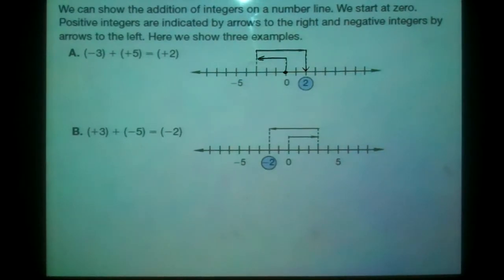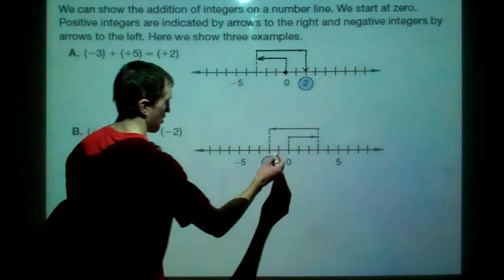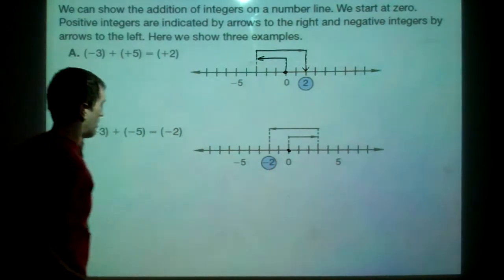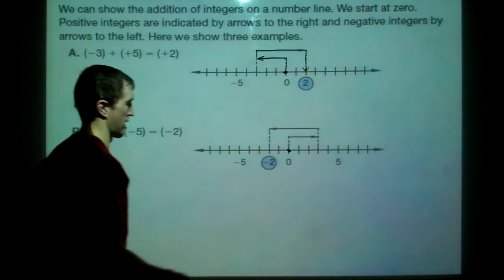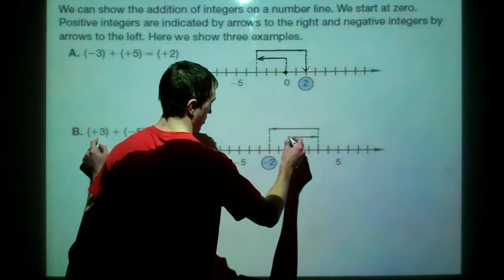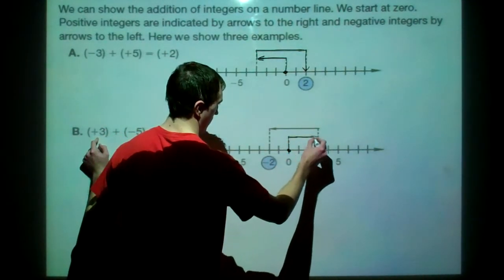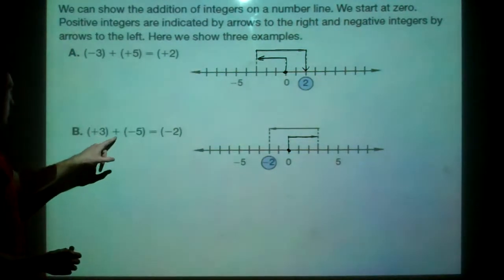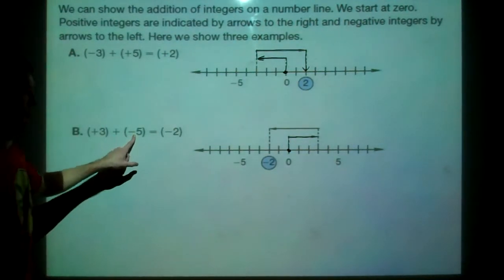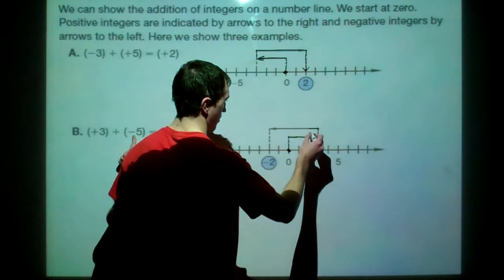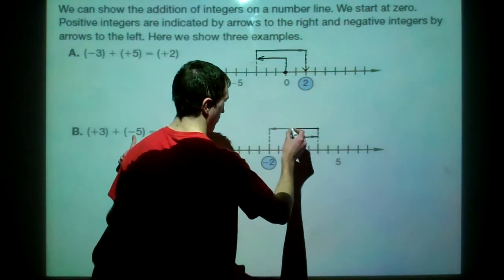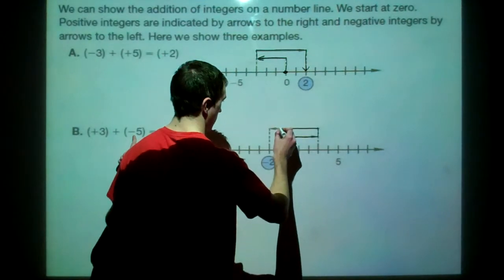Now this one's a little different. This one we start at 0. And it says, okay, go 3 in the positive direction. So we'll go 1, 2, 3 plus -5. So we're going to go 5 in the negative direction. 1, 2, 3, 4, 5.